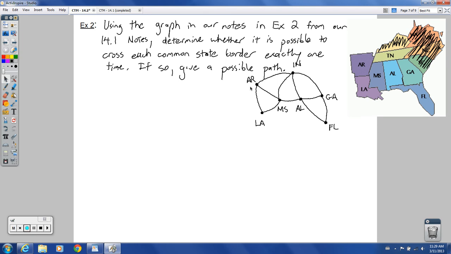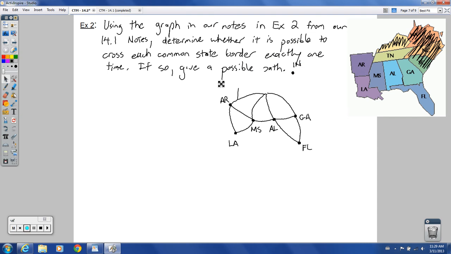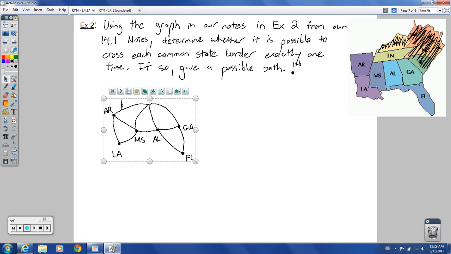This might be a little tricky, because I think I'm grabbing the word path. I'll have to bring that back. There we go. So draw that picture, pause if you need to, and recreate that picture in your notes here.